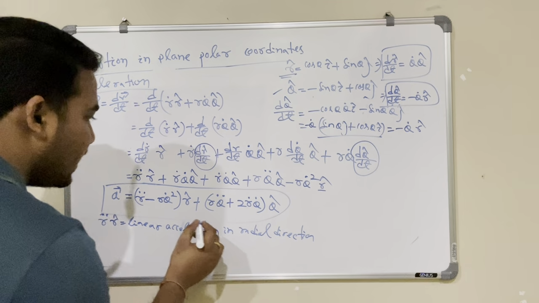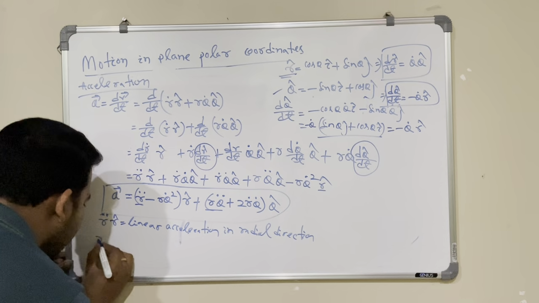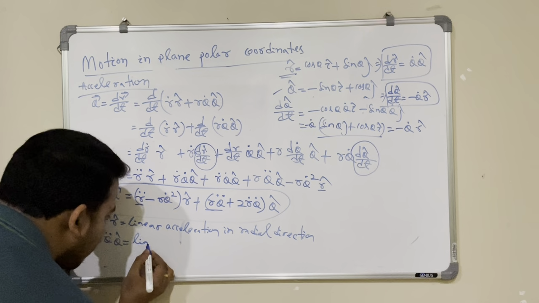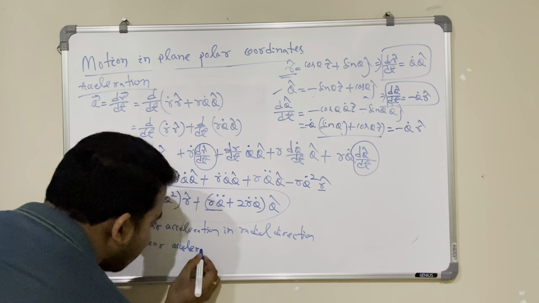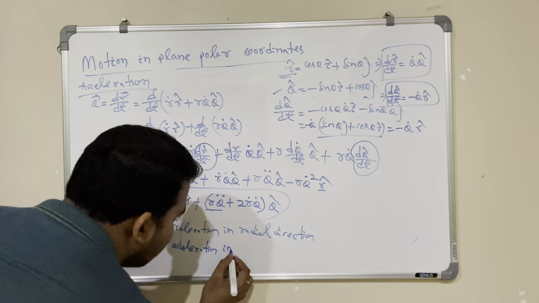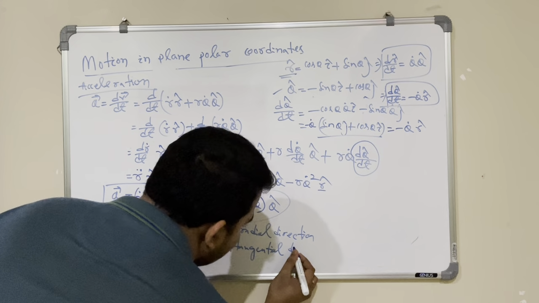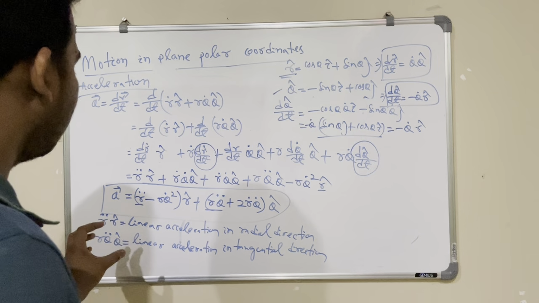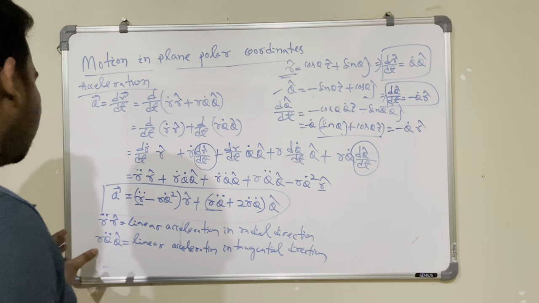And here is the term r theta double dot theta cap. This is also linear acceleration, in tangential direction, but this happens due to change in angular velocity.